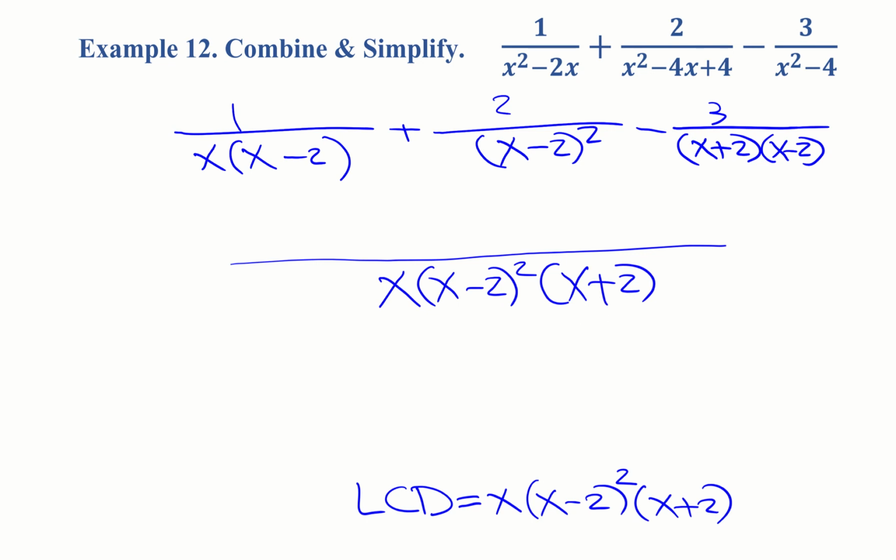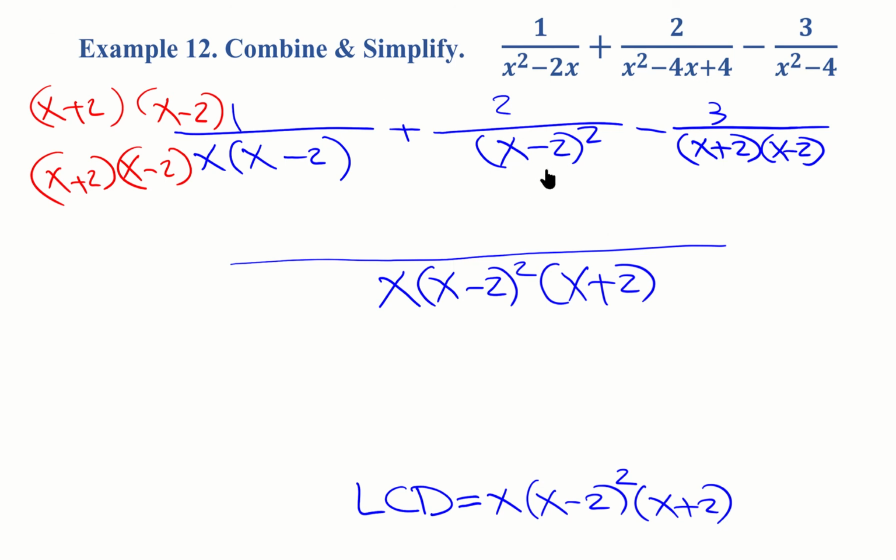So obviously what's missing is one factor of x minus 2 and also a factor of x plus 2. And we remember that anything we do to a denominator, we have to do on the top. So we're going to multiply by x plus 2 times x minus 2 on the top as well.